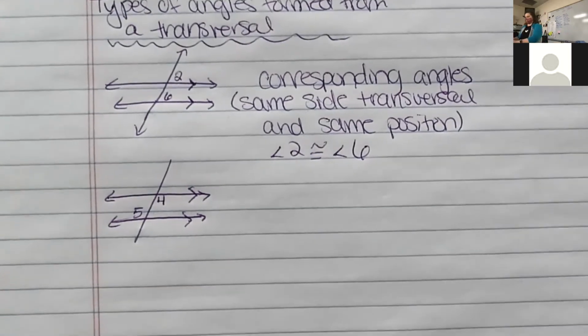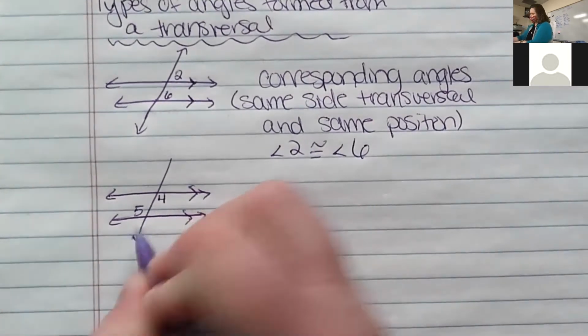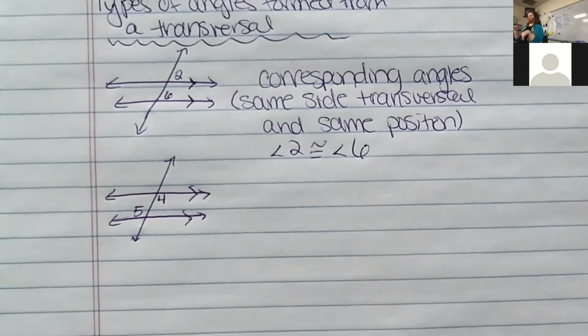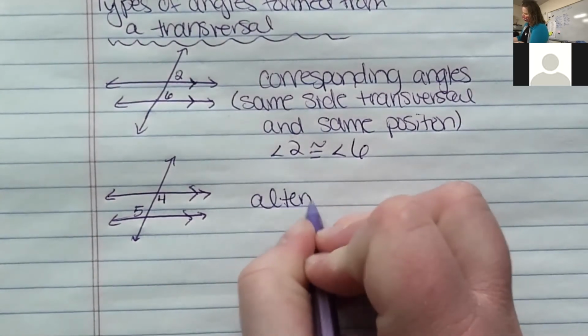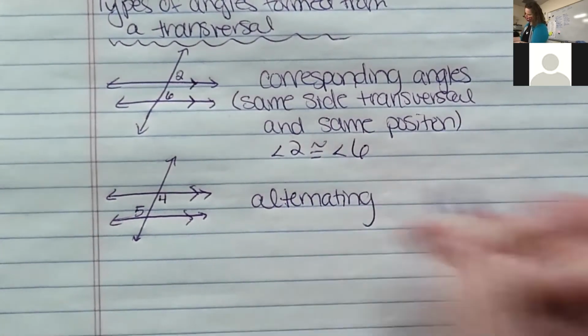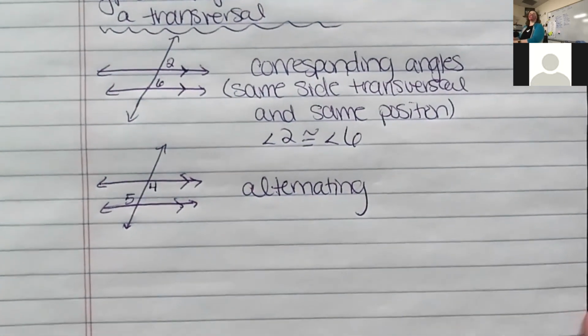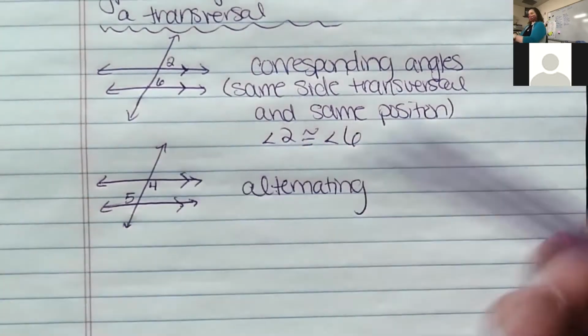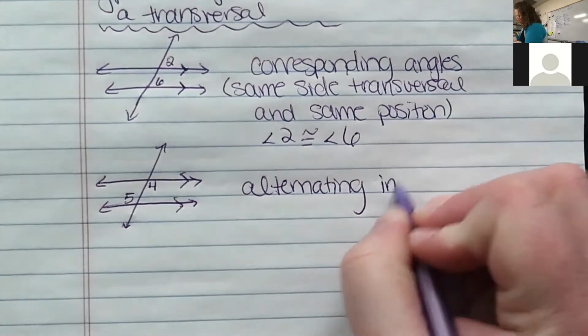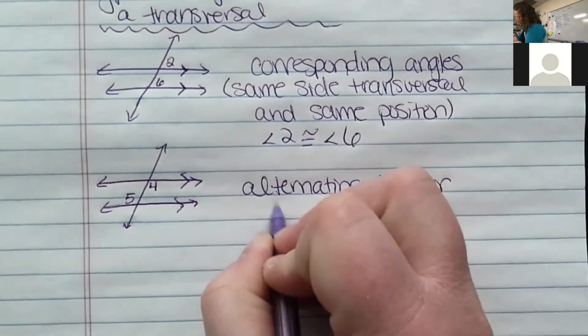Are those two angles on the same side of the transversal? No, they're not. They're on alternating sides. So this is called alternating, on opposite sides of the transversal. Now, are they on the inside of those parallel lines or on the outside? Inside, right? So this is alternating interior angles.